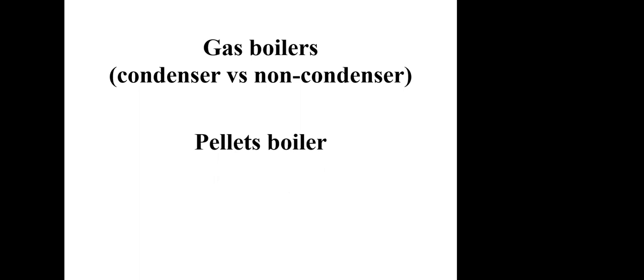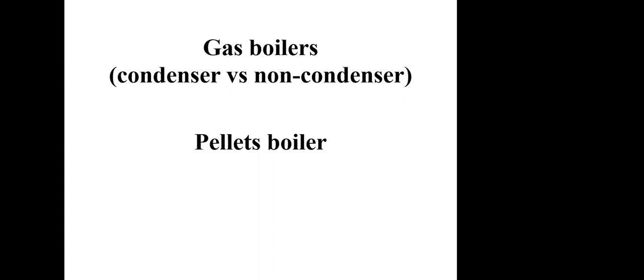We're going to study two kinds of boilers. Why? There are more. We have different fuels. We have kerosene or propane or whatever. We have oil, but we're going to study gas and pellet boilers. Why? Because nowadays they are the most efficient ones. So you can find other kinds of boilers and you need to know them.